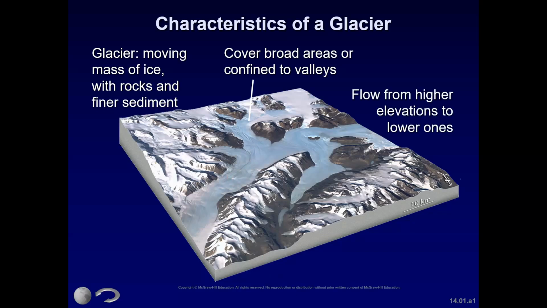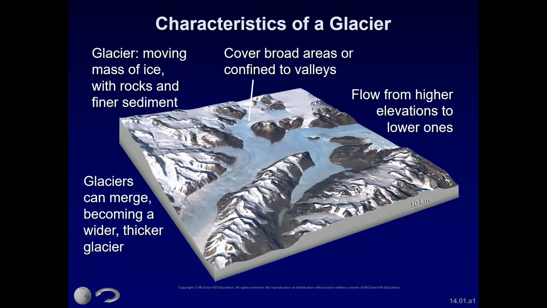We can have areas with gentle slopes that allow snow and ice to accumulate, but in areas that are more steep in elevation, snow and ice may slide downhill. So glaciers flow from higher elevations to lower ones under gravity. And of course, they can merge, becoming wider and thicker over time.